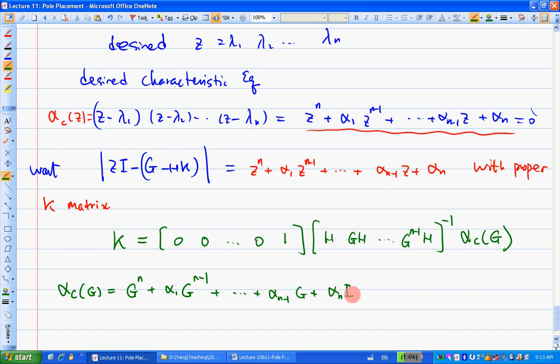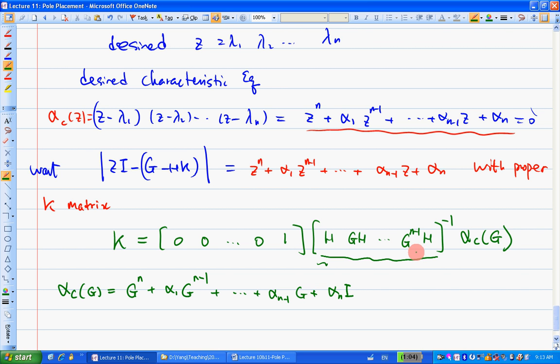Now I want you to take a look at Ackermann's formula and the middle matrix that is here. This portion in here, not the inverse, just this portion. What is this matrix?